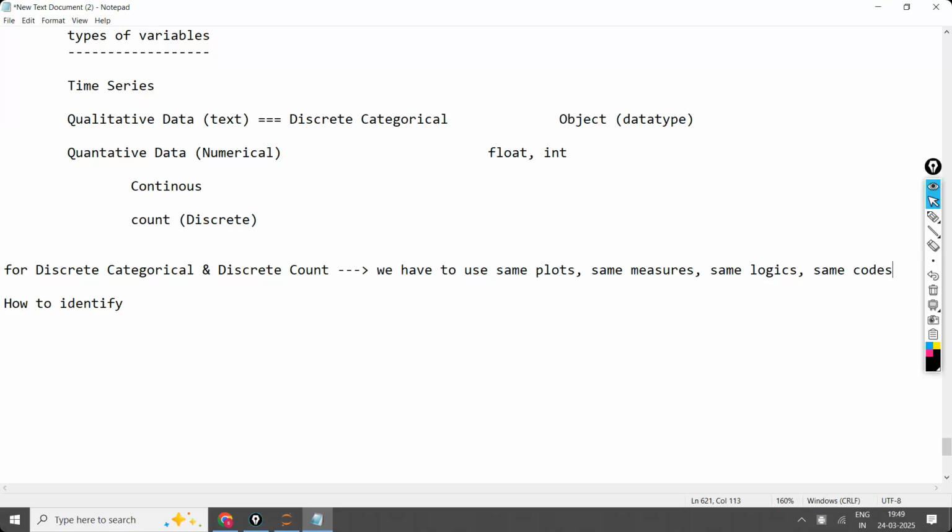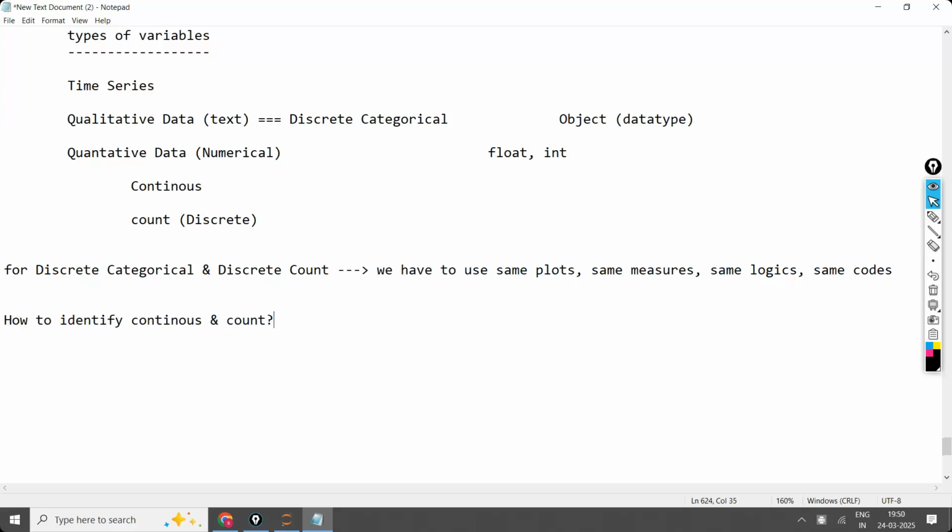Now the question is how to identify, because both will be in numerical format. How to identify continuous and how to identify count. This would be the question.